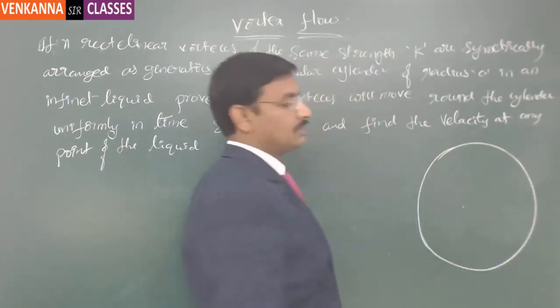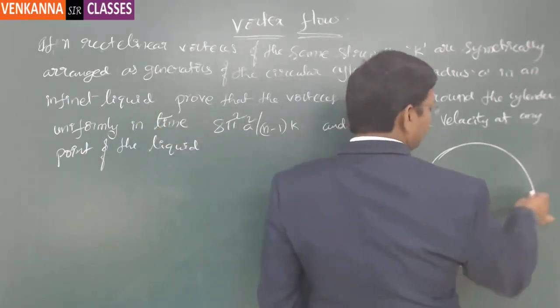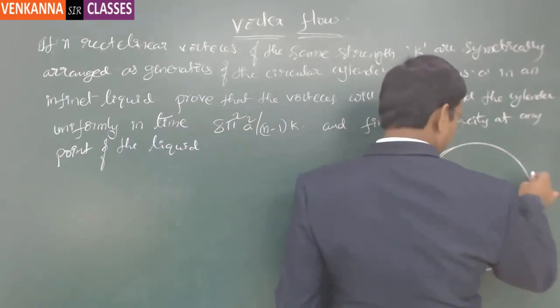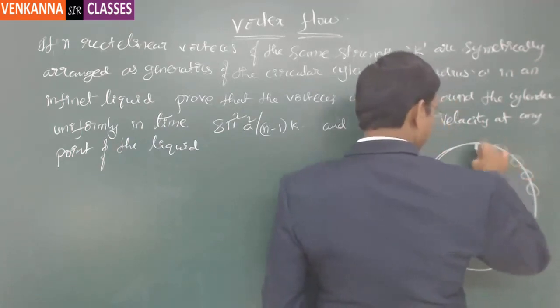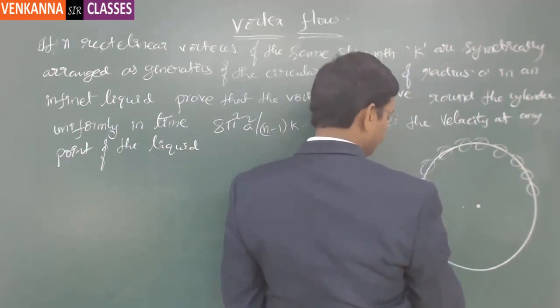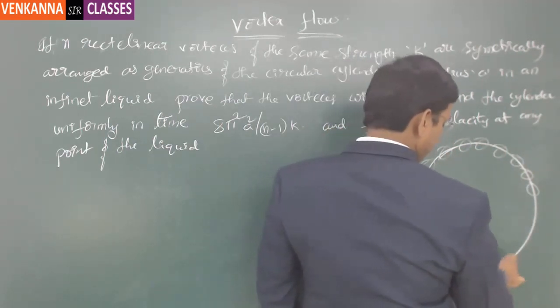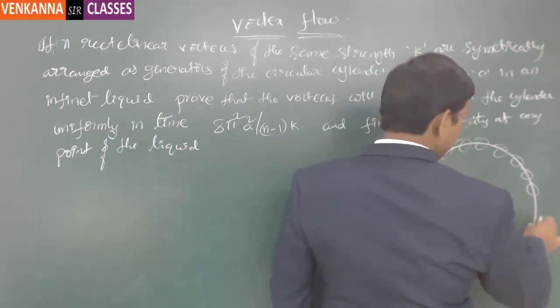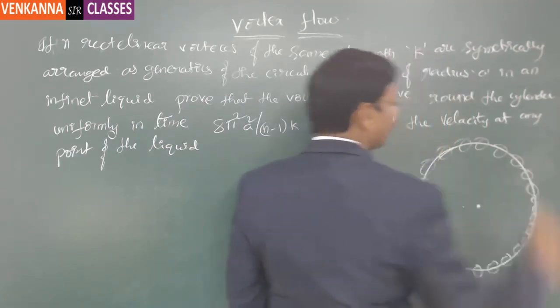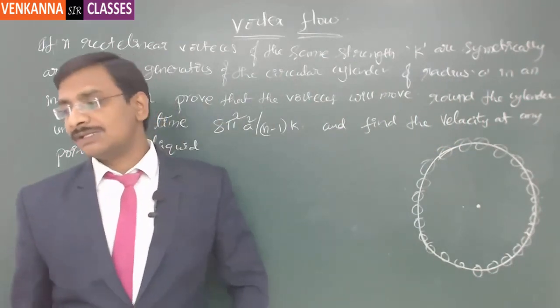On this particular circle there are vortices, distributed like this, and there are n such vortices.